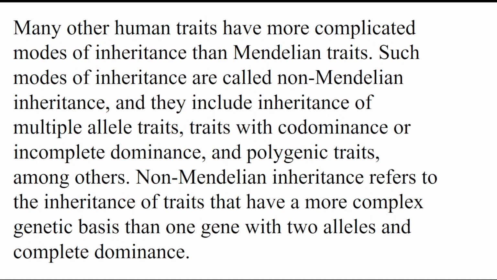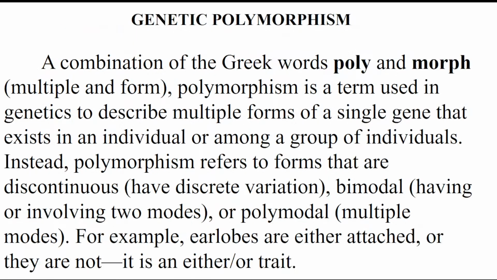So non-Mendelian inheritance refers to the inheritance of traits which have a more complex genetic basis than one gene with two alleles and complete dominance. And today we speak with you about genetic polymorphism.